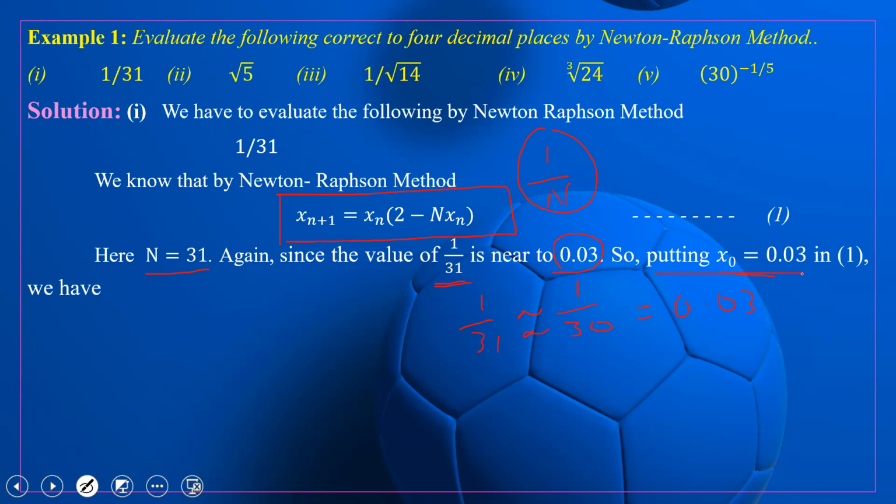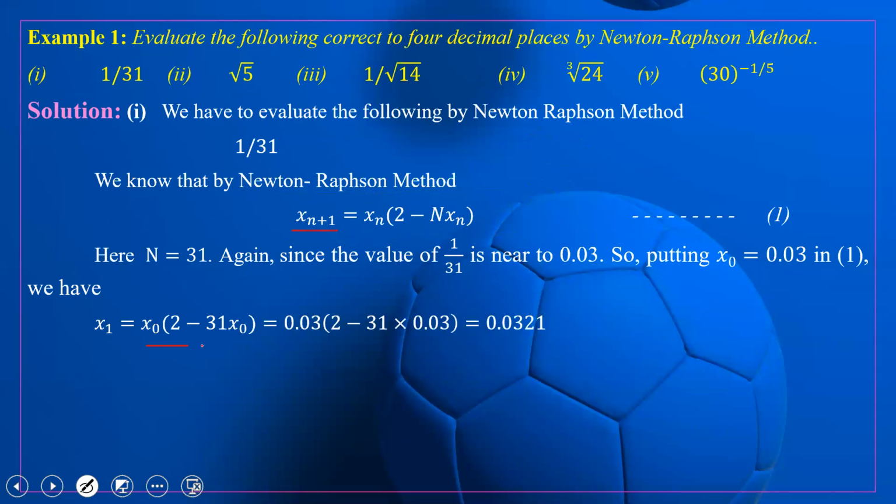Then x1 is equal to x0 times (2 minus 31 x0), that is 0.03 times (2 minus 31 into 0.03). If we simplify it, we get 0.0321. Now this is our x1.